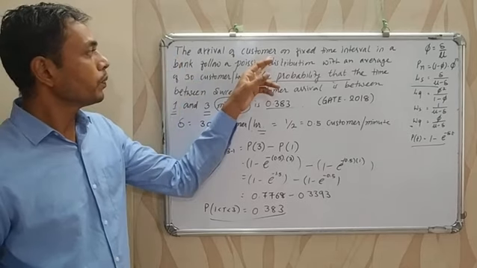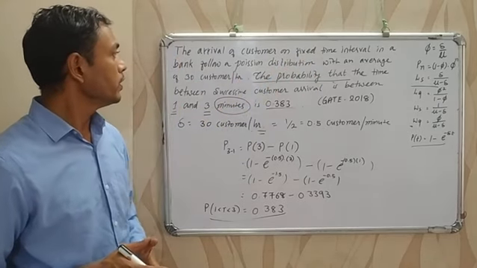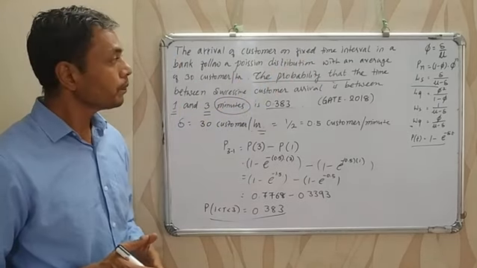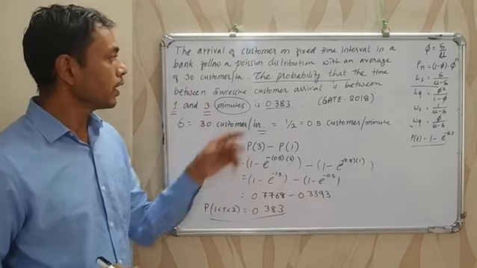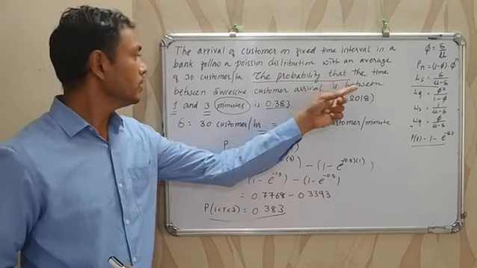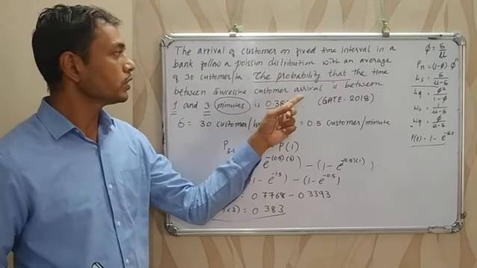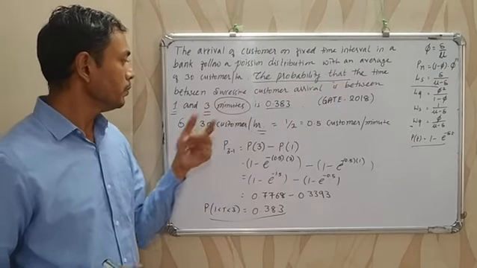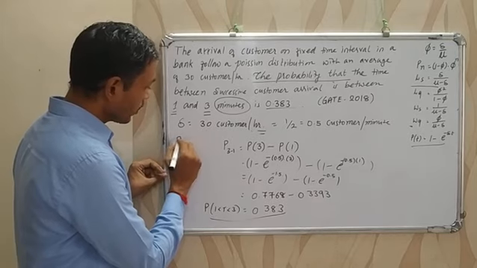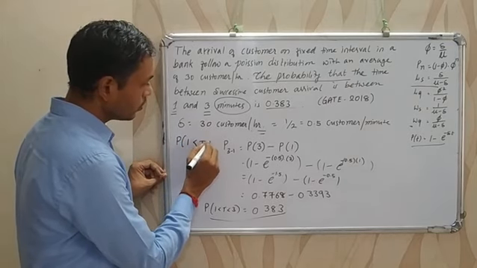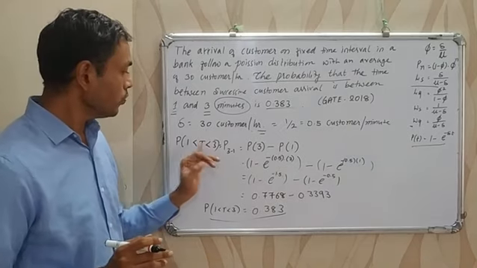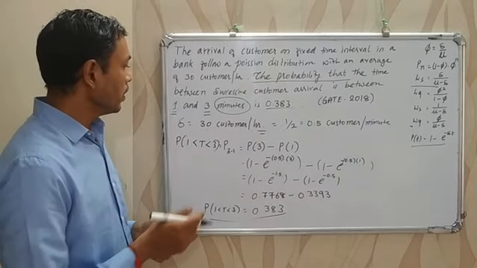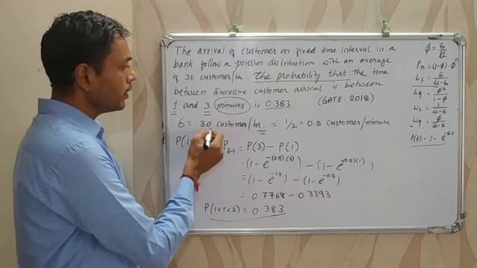The arrival rate of customers on a fixed time interval in a bank follows the Poisson distribution with an average of 30 customers per hour, and the question was the probability that the time between successive customer arrivals is between 1 and 3 minutes. So we are supposed to calculate for time between 1 to 3 minutes. Delta is 30 customers per hour.